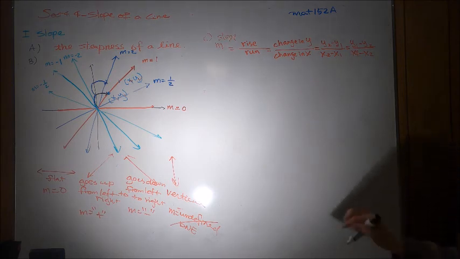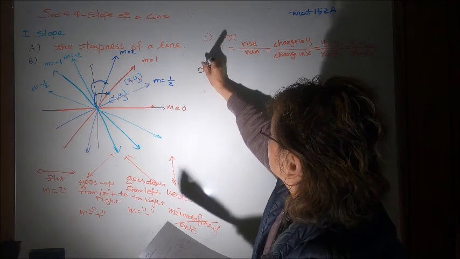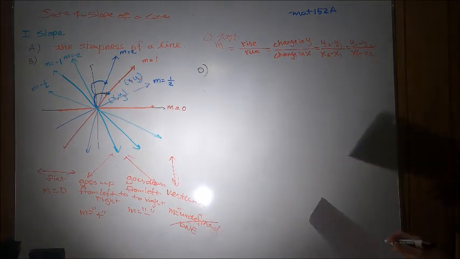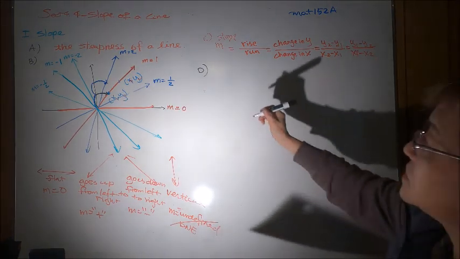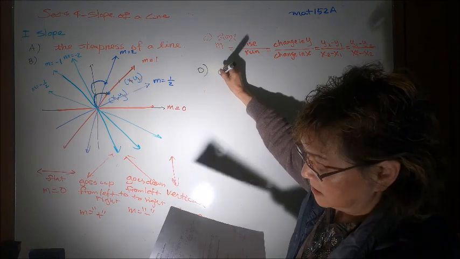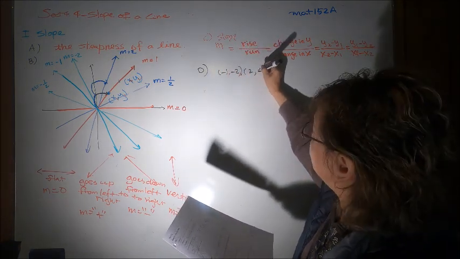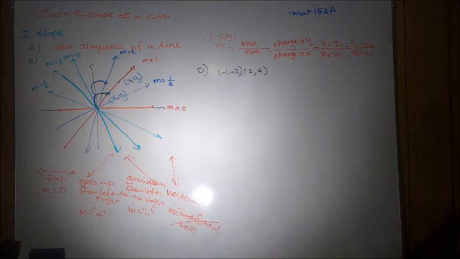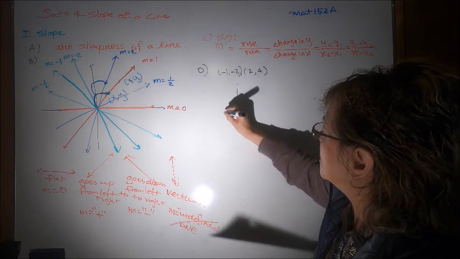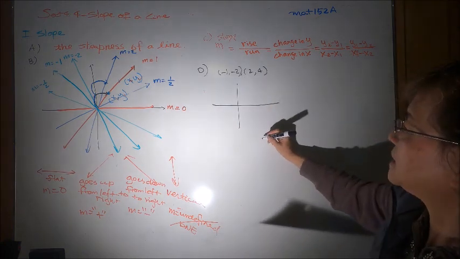And let's take a look at what it actually is. If I have 2 points, (-1, -2) and (2, 4), what do you think my slope would be? So you just graph them. Where is your (-1, -2)?